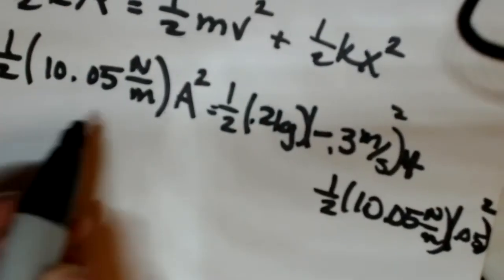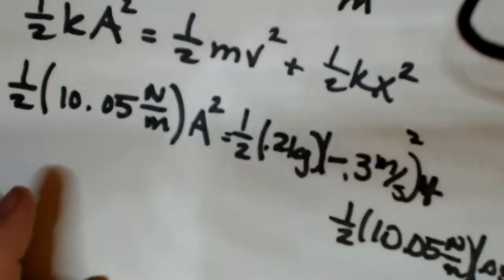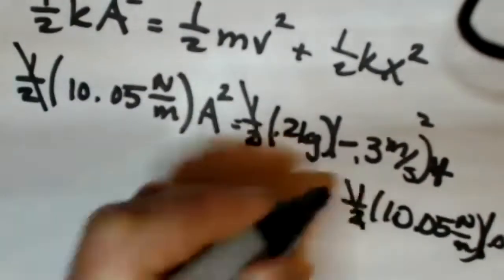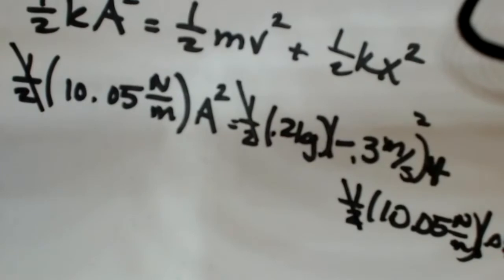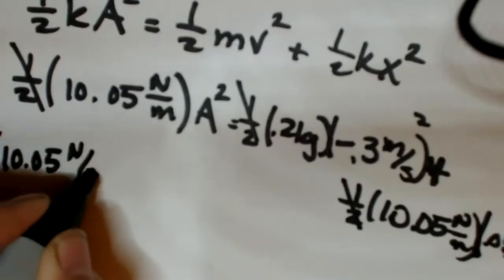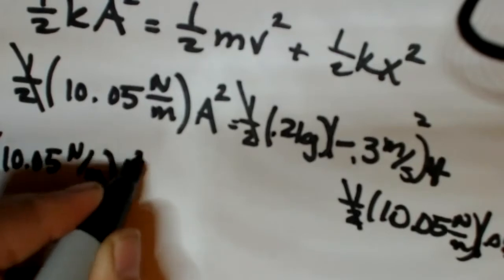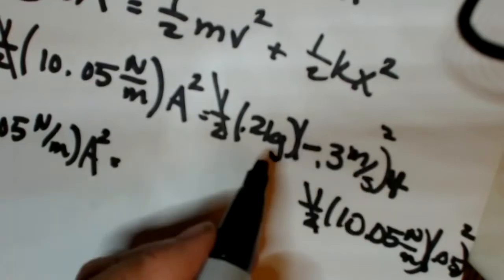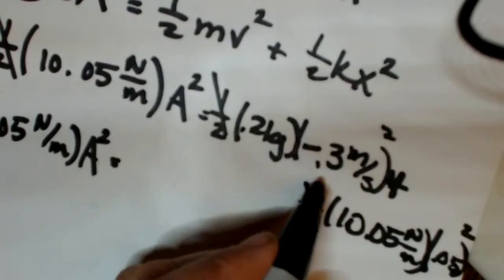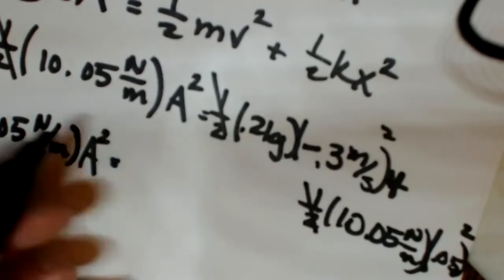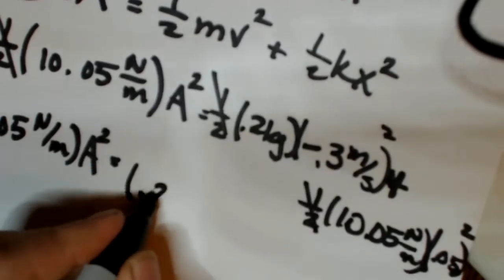All right, so now I just got to do some math. Well, I'm lazy, so I'm going to cancel all these 1/2s out. All right, that helps me a little bit. So that ends me up with 10.05 newtons per meter times A squared is equal to, if I multiply this out, negative 0.3 squared is going to be 0.09, and then times 0.2, but I'll let y'all do that with your calculator.